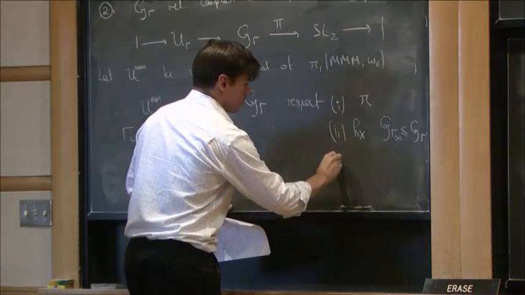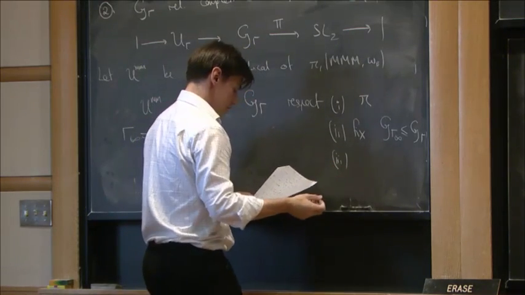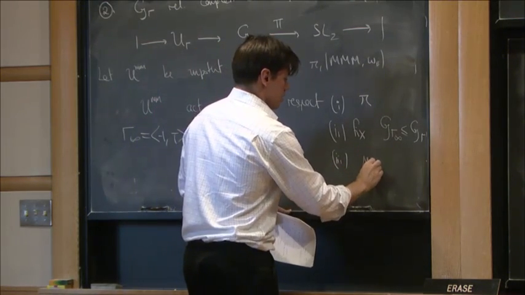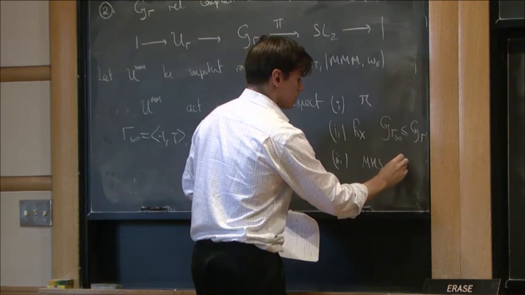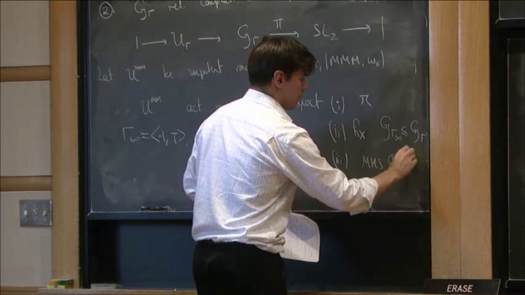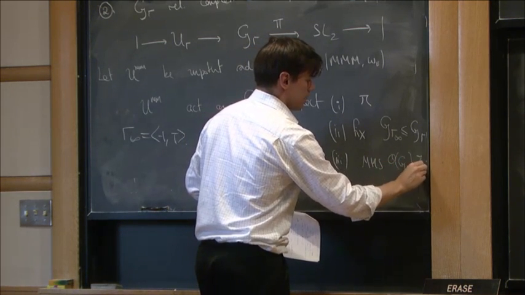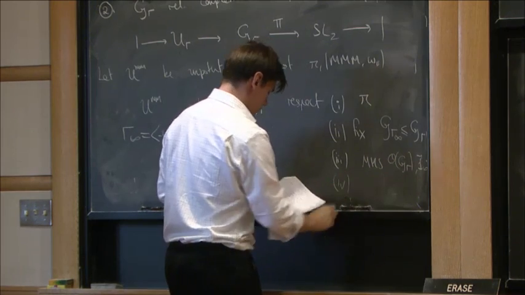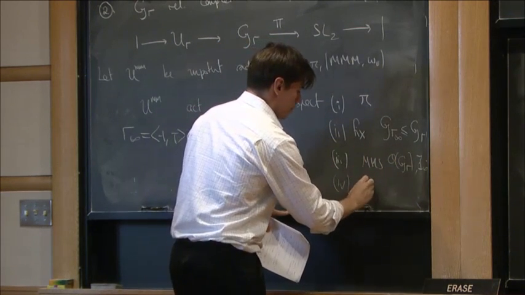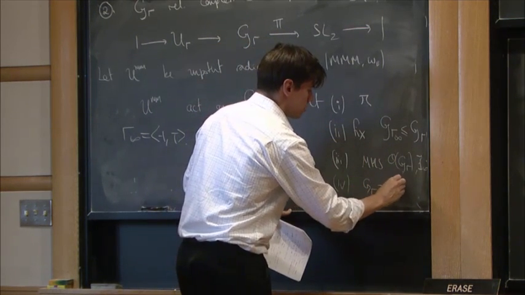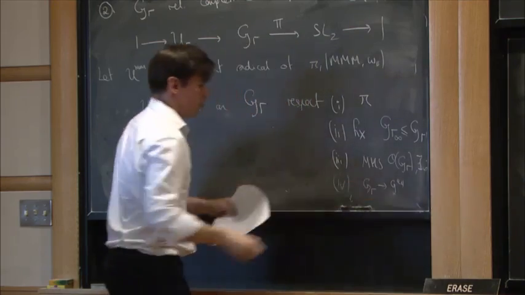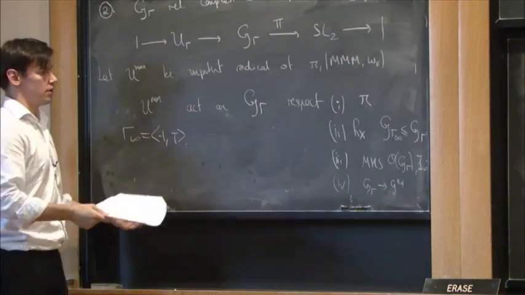I would love to add more conditions, such as Hain's mixed Hodge structure on O(G_gamma) at this base point. We could add the map to the Eisenstein quotient, and we could add, hopefully, Hecke operators and so on and so forth.